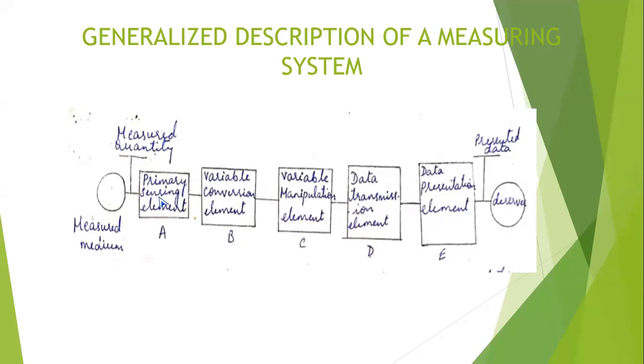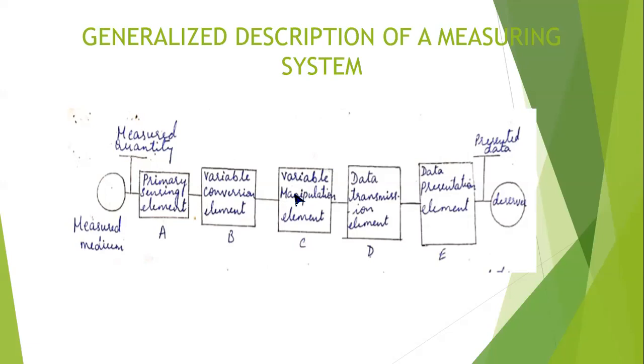The analog signal coming from the primary sensing element is fed to the variable conversion element. Here the same analog signal is amplified, rectified, filtered, and fed to the next stage, the variable manipulation element. This receives the analog signal and converts that into a voltage signal.